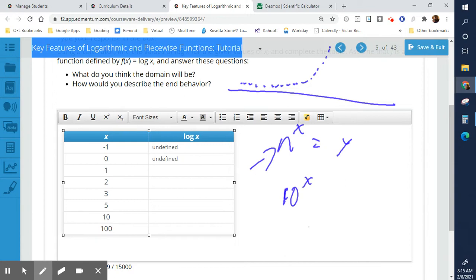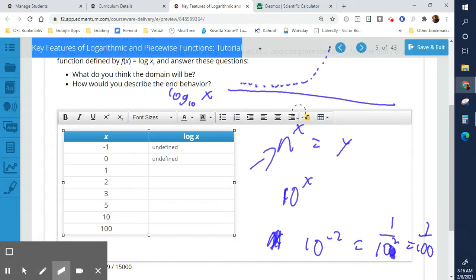When we're talking about log, we're talking about the opposite of 10 to the x. There's an invisible 10 here. This can never be negative because even if we do a negative power, let's say 10 to the negative 2, all the negative exponent does is flip it over and we get 10 to the second, which is 1 over 100. There's no way this can ever be negative by multiplying.